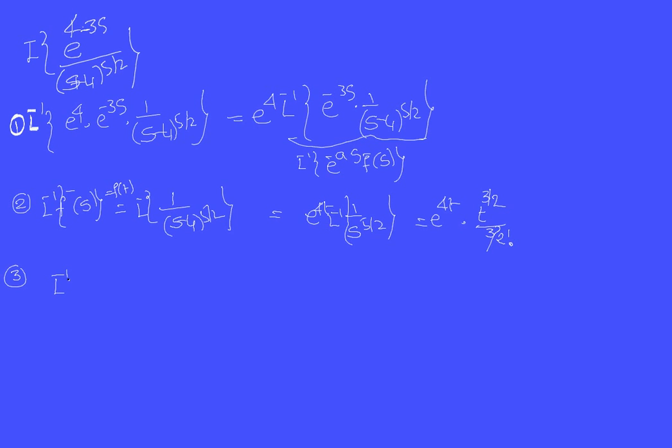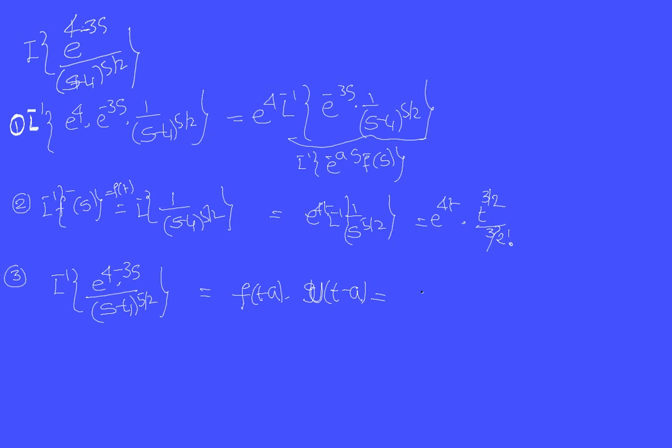Now L inverse of e power (4 minus 3s) by (s minus 4) whole power 5 by 2 is equal to f of (t minus a) into u of (t minus a).